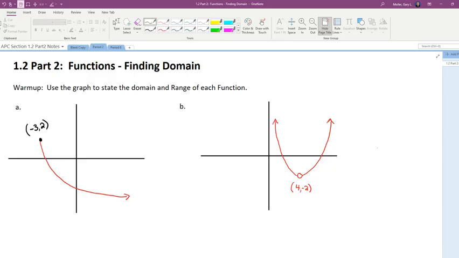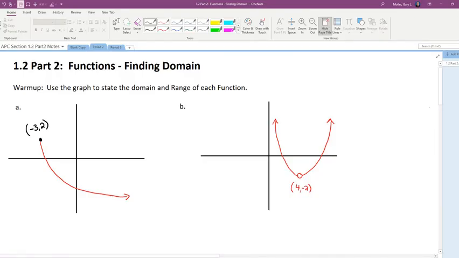So for the first couple, we're just going to really be practicing using proper notation, as well as reminding ourselves the specifics of domain and range. As I look at part A, I know that the domain are the x values that are present in the function, the x values that were plugged in to get y values.